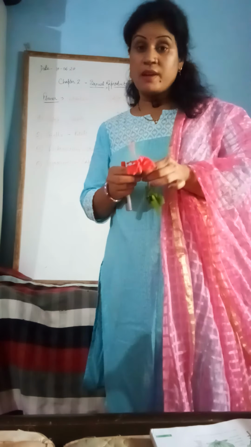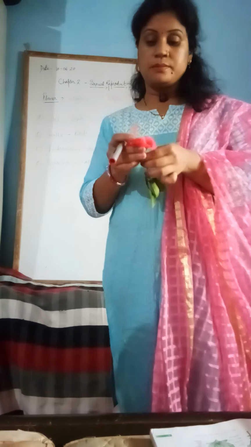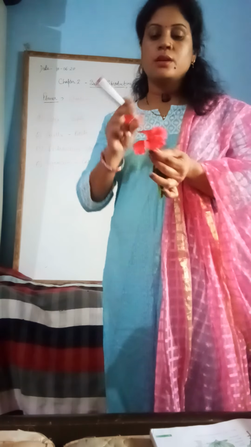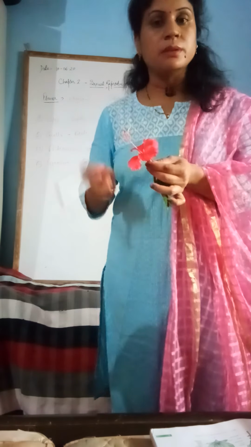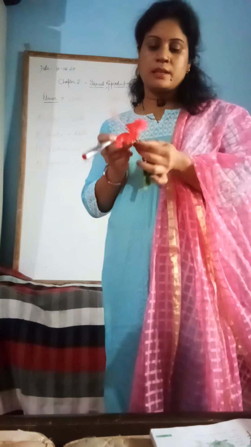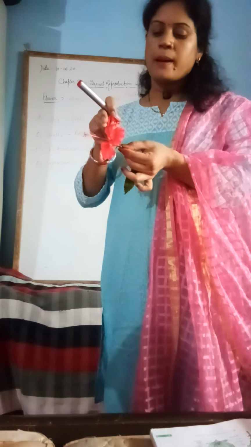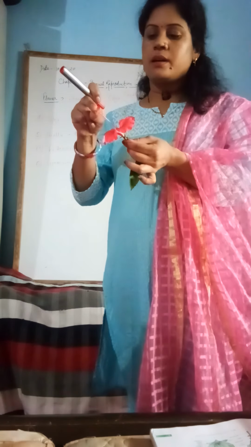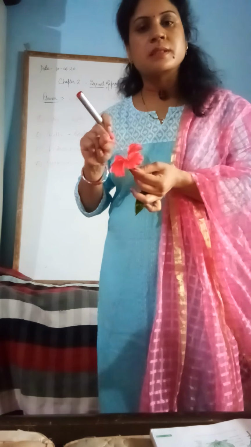So a flower has 4 whorls: calyx, corolla, androecium and gynoecium. Separately we can call these sepals, petals, stamens and carpels.